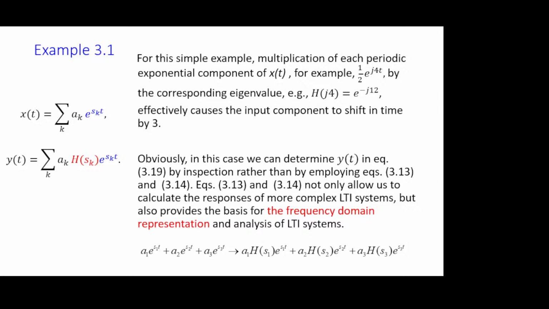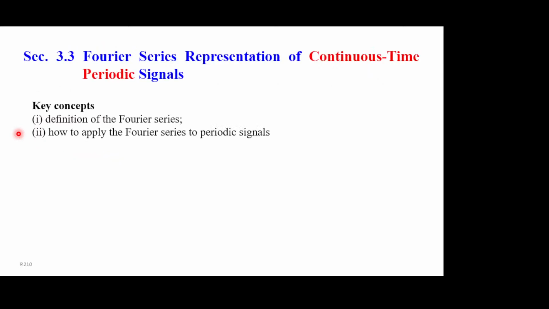So we'll start to talk about how to write a signal as a summation of complex exponentials. Those kind of things is basically what the Fourier transform does. There are a lot of Fourier transforms for different functions.